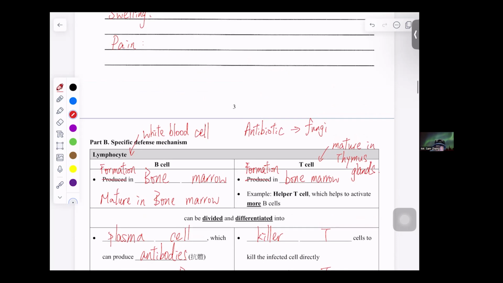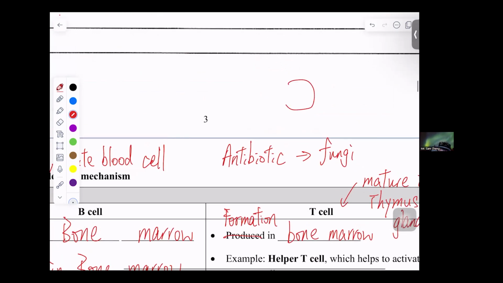So what is an antigen? Remember, for example, we have some pathogen, and there will be some special protein formed on the pathogens. These will be the antigen. This antigen is something that may cause some inflammatory response to us.